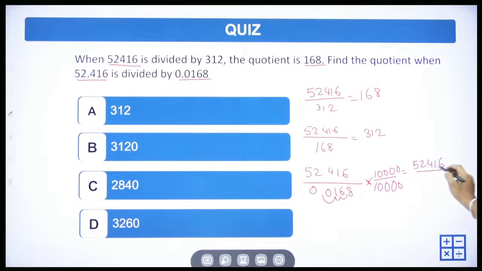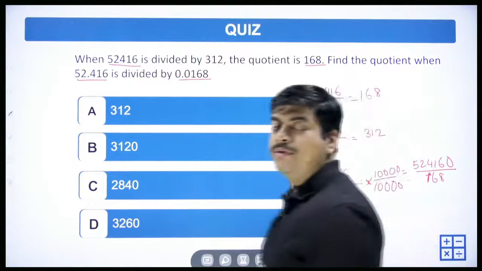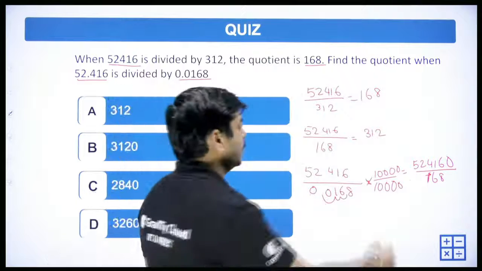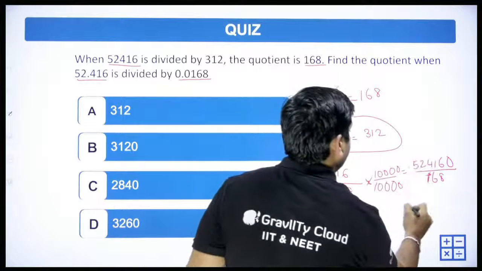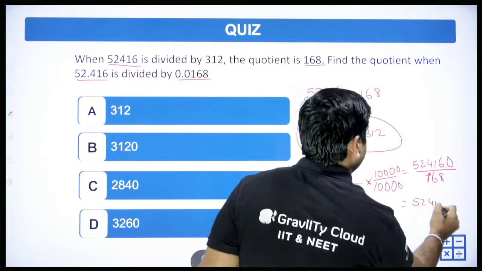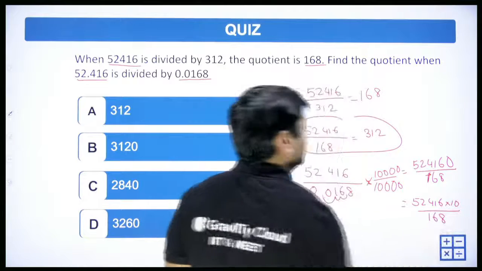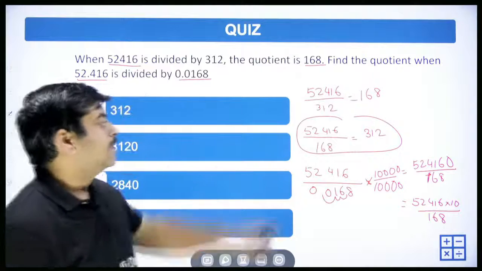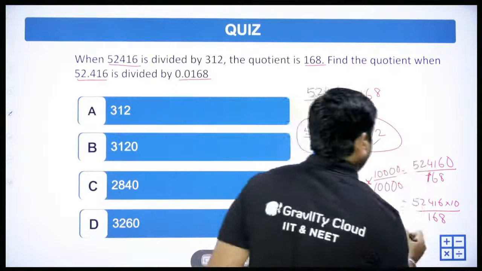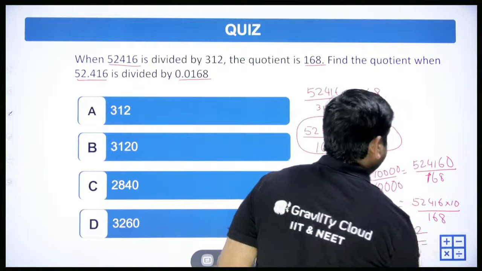So 52416 by 168. How can we use this information to get the answer? Because we have this result, we'll write this as 52416 into 10 by 168. That will give you 312.